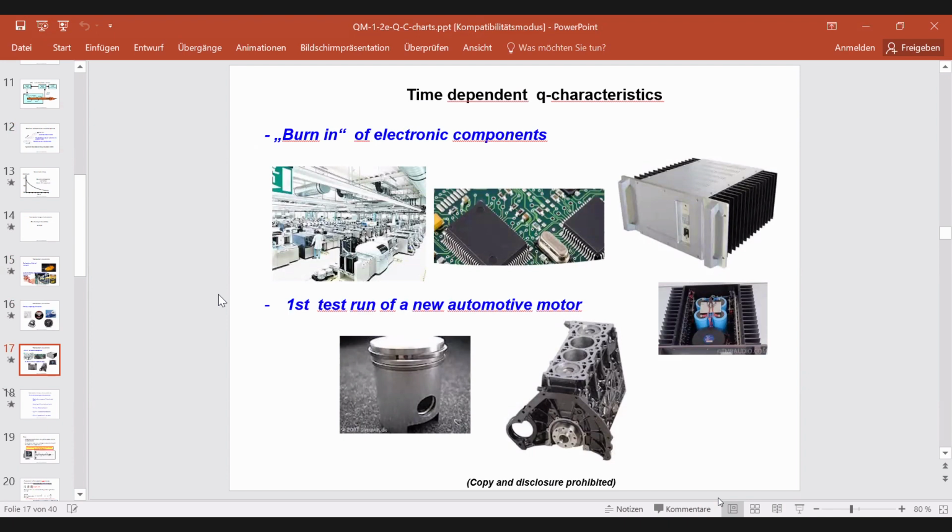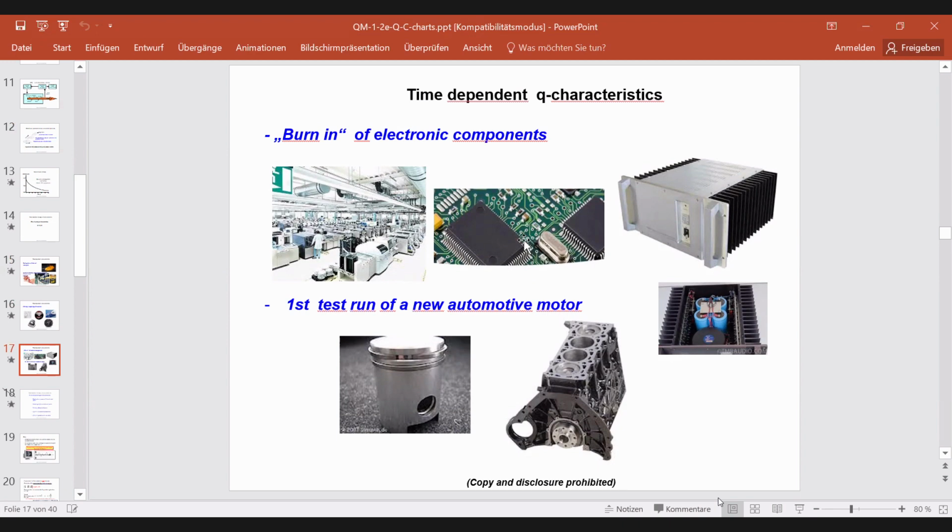Another example, the burn-in of electronic components. You cannot test many electronic components directly after the soldering process, directly after the manufacturing process. You have to wait for a burn-in phase. You have a burn-in phase of electronic components, and this burn-in phase can last several hours, in some cases a day or longer than a day.